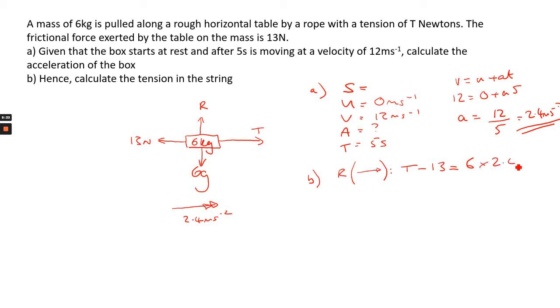So 6 times 2.4, which is my acceleration, and I have a situation where T is equal to 13 plus 6 lots of 2.4, which gives me the final answer of tension as 27.4 newtons.